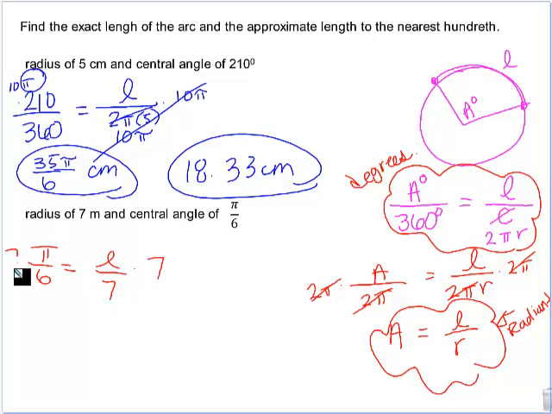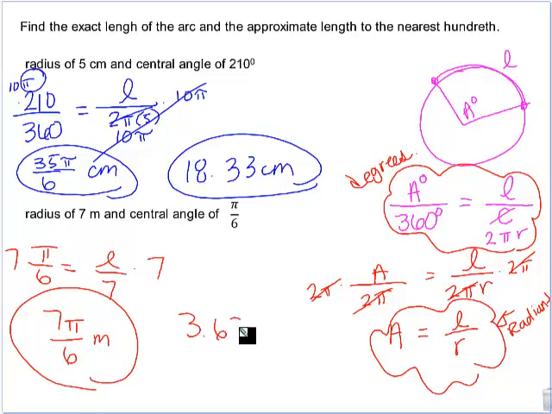Times by 7. So exact, how are we going to write that? Yep, 7 pi over 6 meters would be exact. How do we get that to the nearest hundredth? Yeah, just take 7/6 times pi, and what do we get to the nearest hundredth? Yep. Okay, does that make sense?